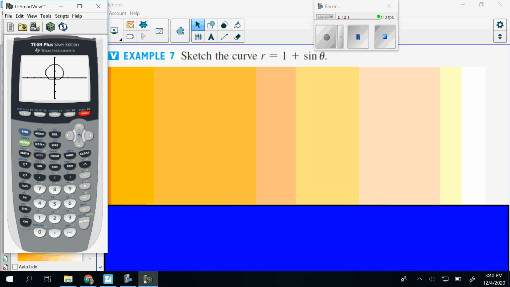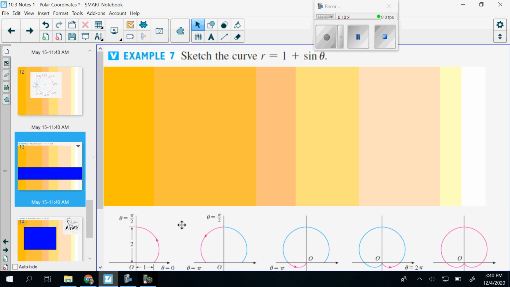And there's the graph of this one. This is what's called a cardioid. That's the term given for this kind of shape right here. I don't know where that term came from, but that's the term for this one.